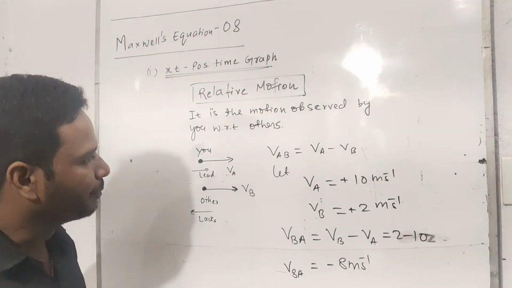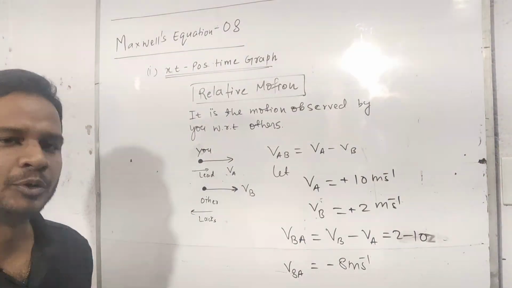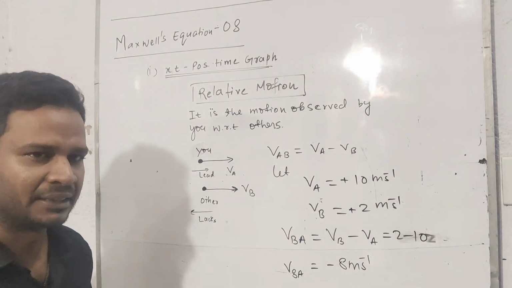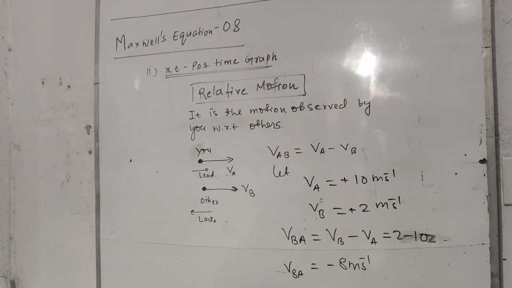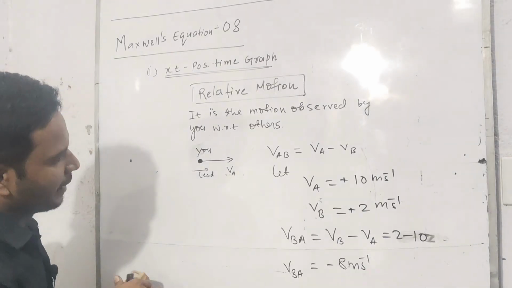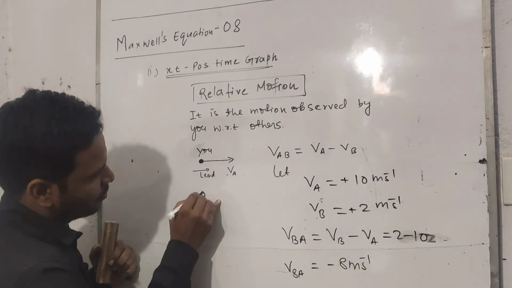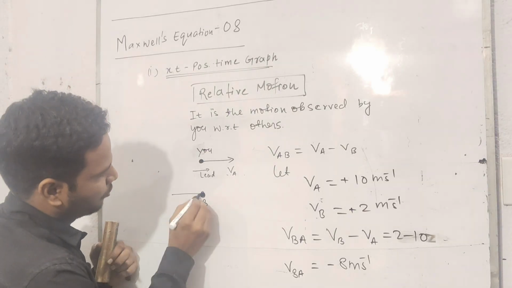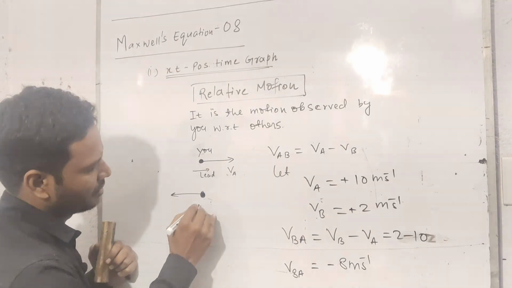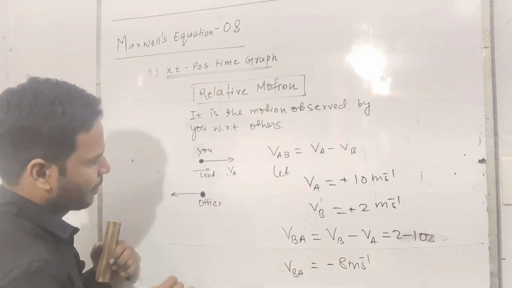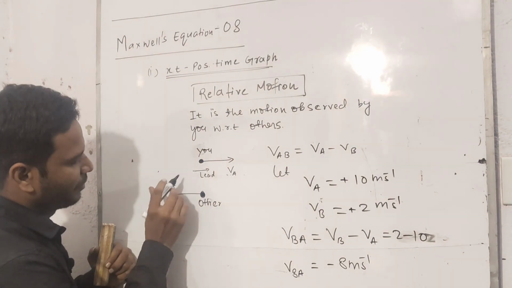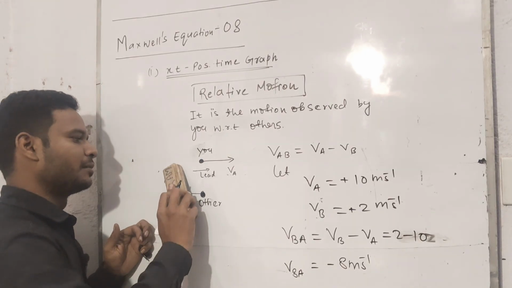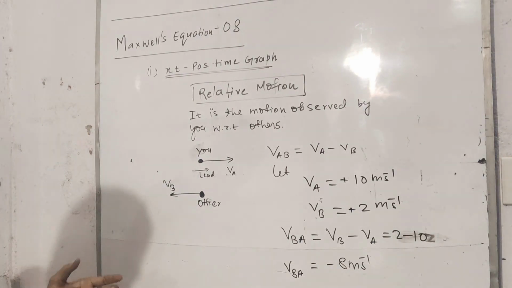But what happens when things are moving in opposite directions? Let's take an example to understand that also. Suppose at some moment you are along with this object B, which is moving with some velocity VB, but in the opposite direction.